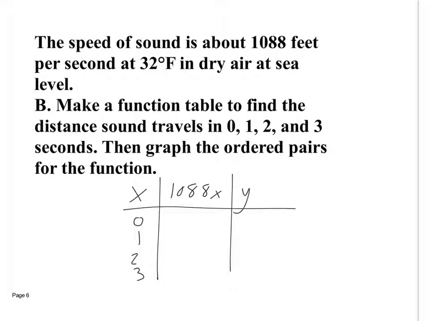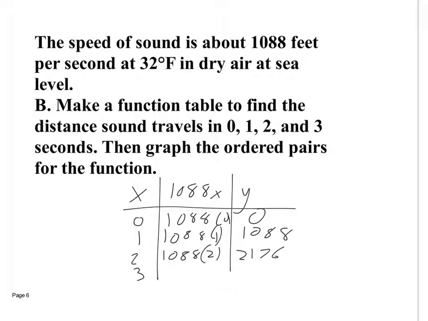So, what would be 1088 times 0? 0. Now, I want you to figure out the rest. Make sure you have written down what I'm going to write down to make sure you did it right. 1088 times 1 is 1088. 1088 times 2 is 2176, right?